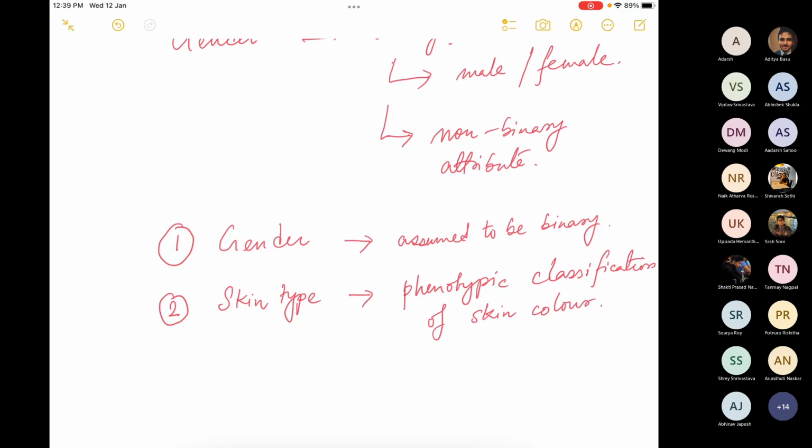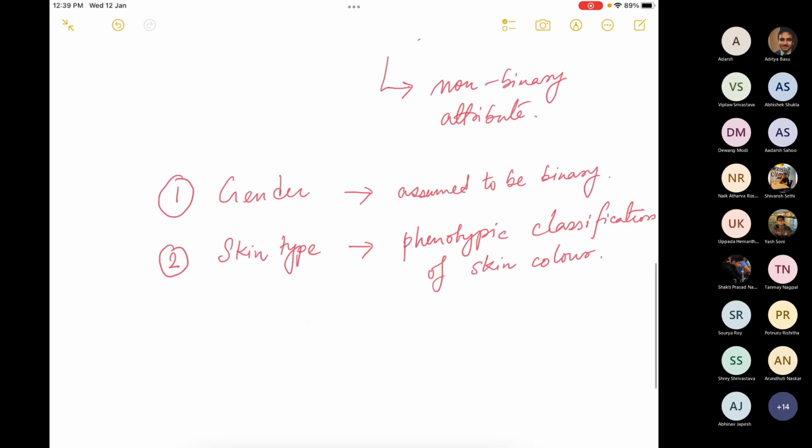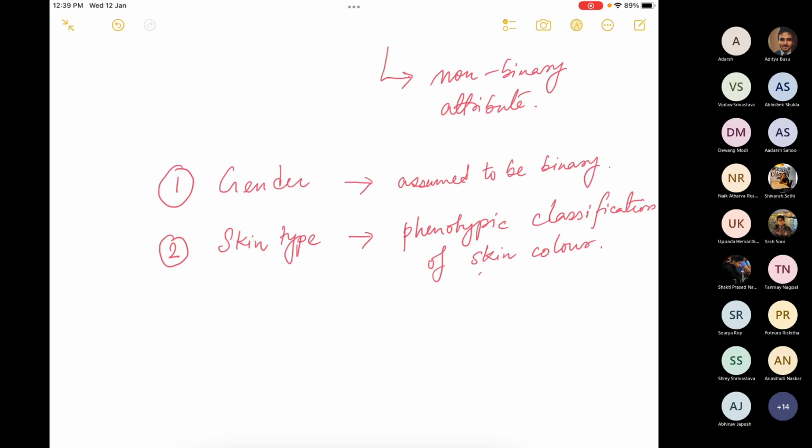Here the authors again resorted to a binary distinction, dark versus light. Actually, the authors did a little bit more.